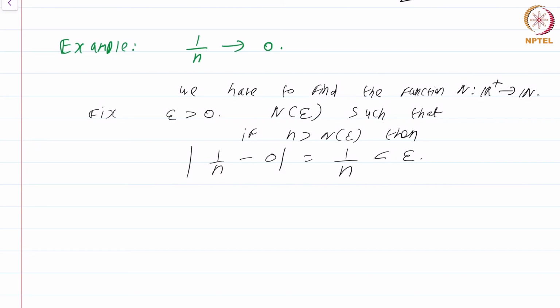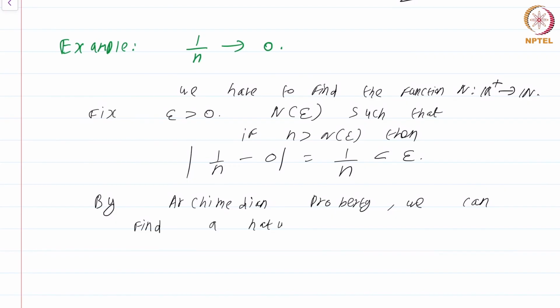Well, by the Archimedean property, we can find a natural number N epsilon such that N epsilon is greater than 1 by epsilon.